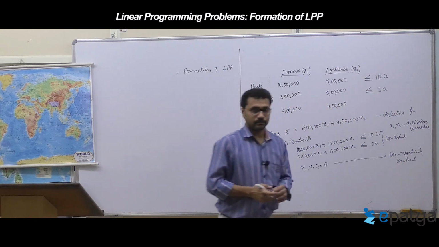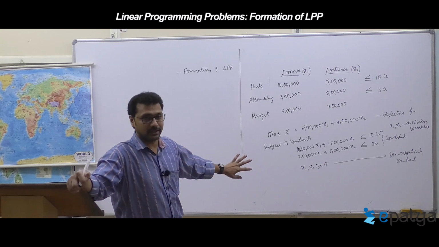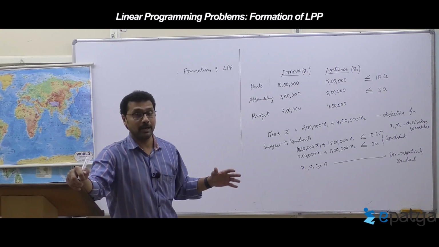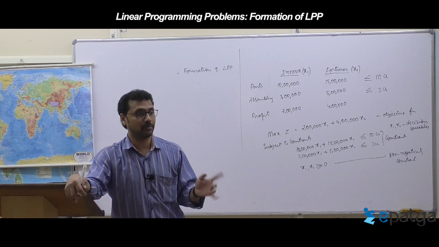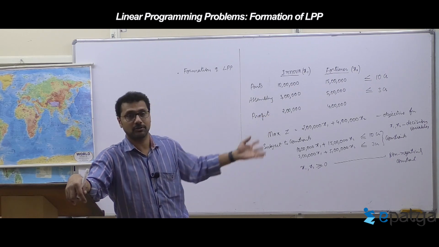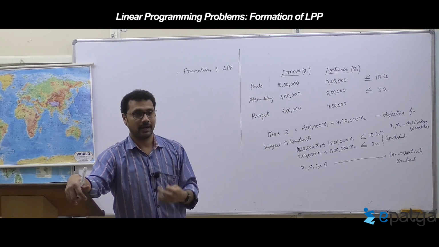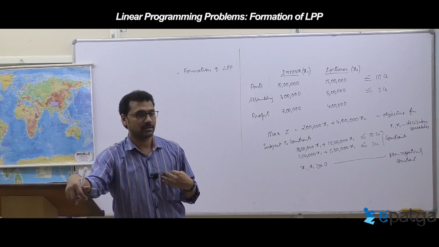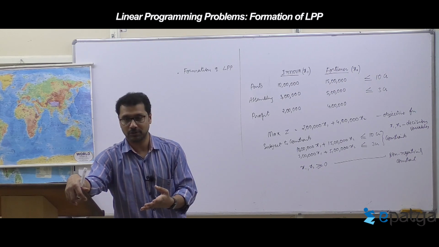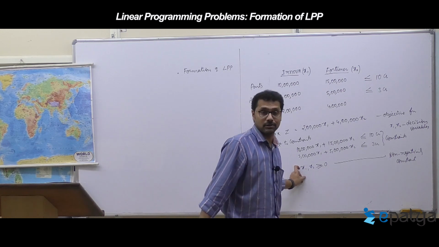Now what happens is, by default, if I try to solve like this, X1, X2 may be non-integers also. Why should it be 1, 2, 3, 4? Sometimes X1, X2, based on the constraints and the objective that I have, might be 1.5 or 2.5. And I cannot produce 1.5 Innova cars. I cannot produce 2.5 Fortuner cars. So I have to convert them into integers also.